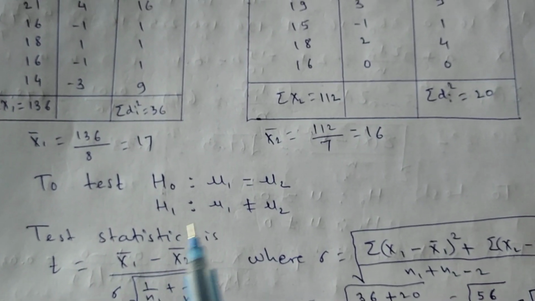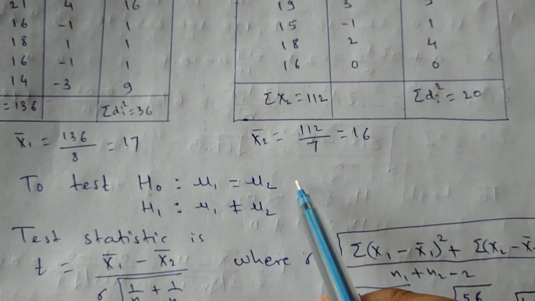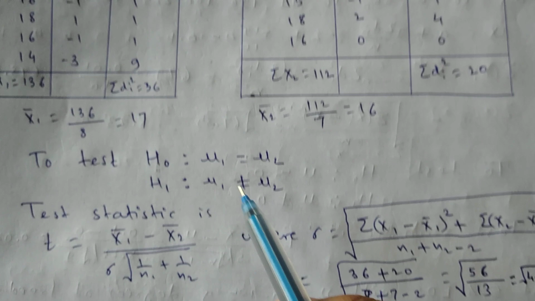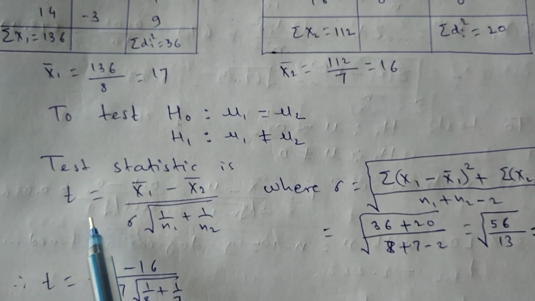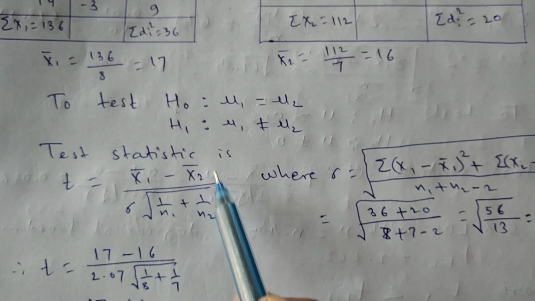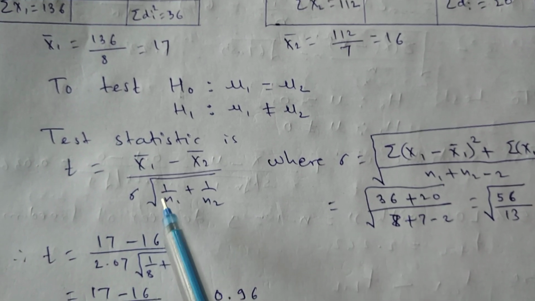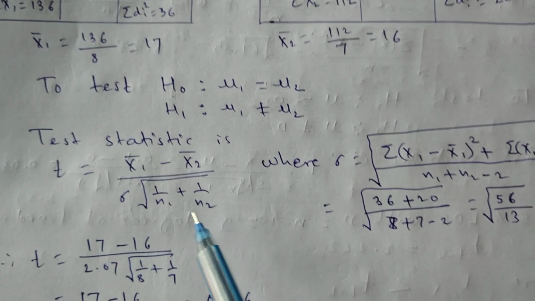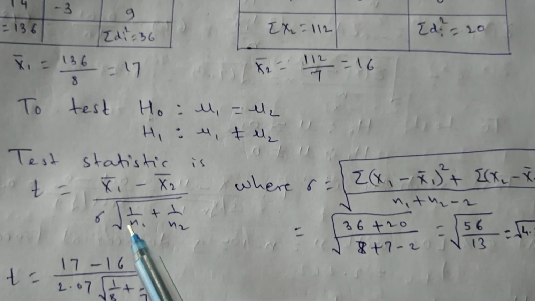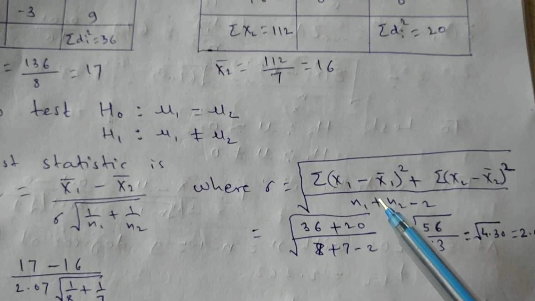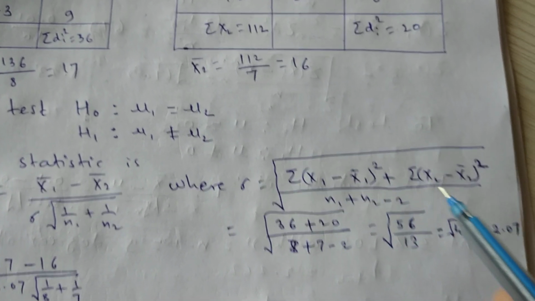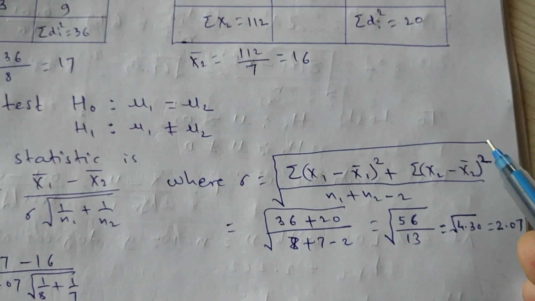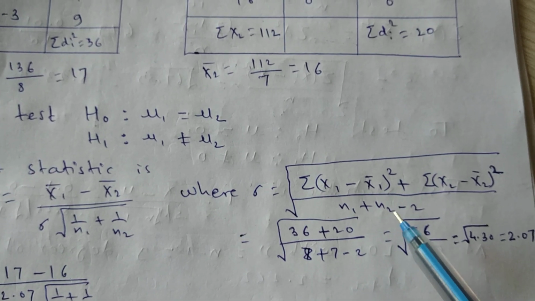Now we have to test here. H0 is defined by mu1 equal to mu2, and H1 is defined by mu1 not equal to mu2. So the test statistic is t equal to x1 bar minus x2 bar divided by sigma into under root of 1 by n1 plus 1 by n2. Now we require the value of sigma. So sigma equal to under root of summation of x1 minus x1 bar square plus summation of x2 minus x2 bar square divided by n1 plus n2 minus 2.